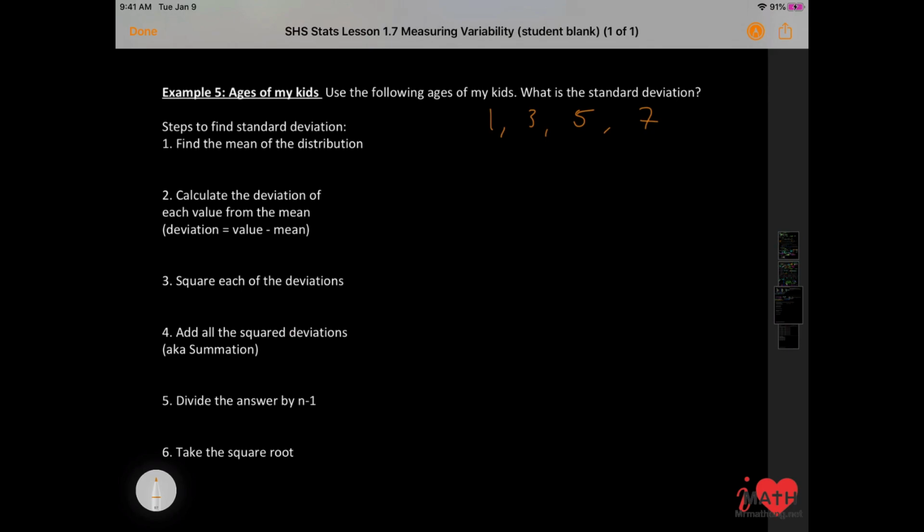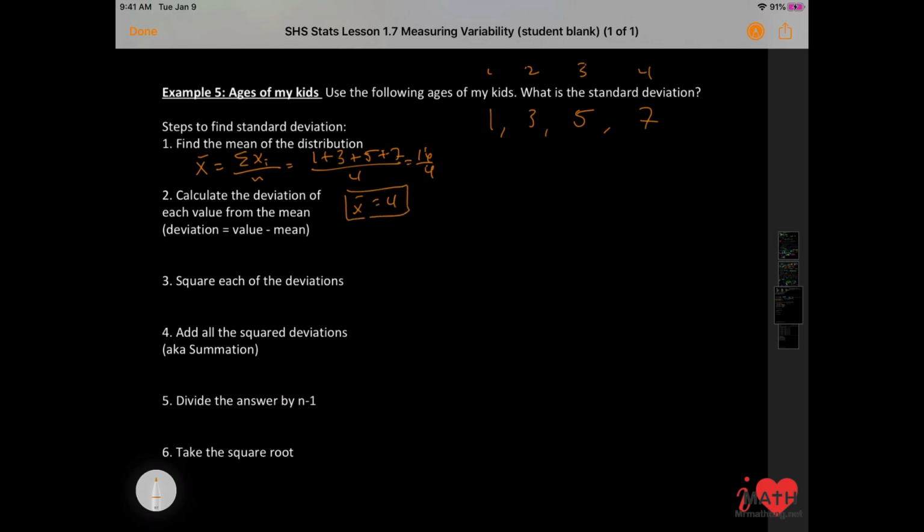So the mean is the summation of all of our numbers and then divide it by n. So what does that mean? You just take all your numbers and then divide it by, well, you have 4 numbers, right? Because you have 4 kids here. If I add all those together, 16 divided by 4, that means I get an x bar of 4.